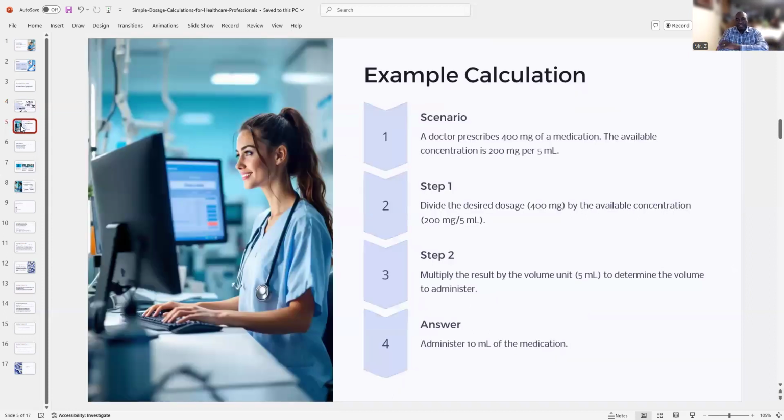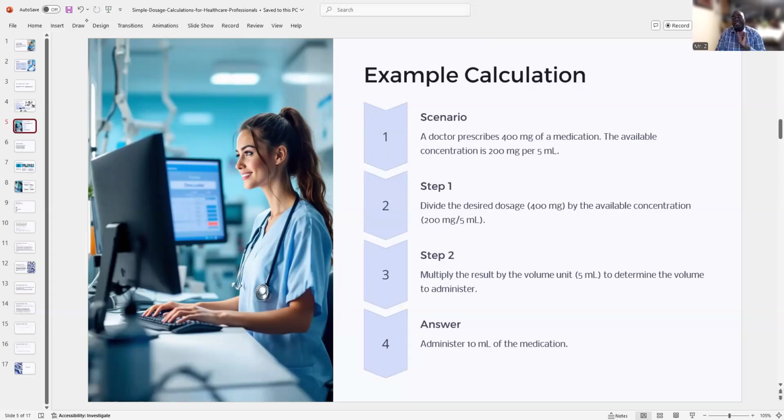So let's look at this scenario. The doctor prescribed 400 milligram. The available concentration is 200 milligram per 5 milliliter. This is something that we just learned.